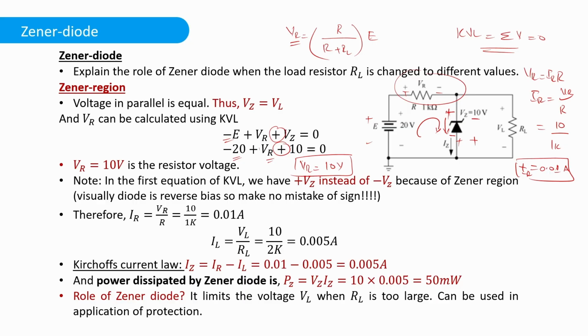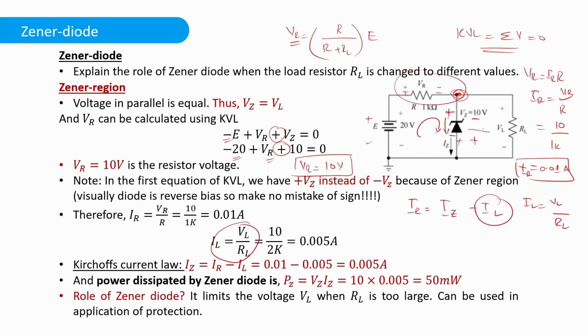So using KCL, which is Kirchhoff's current law, any current entering the node, which is this node, is equal to the current leaving that node. So we have IR equal to IZ plus IL. But firstly, I should find the value of IL. We can do that using this formula. Once again, IL is equal to VL by RL.